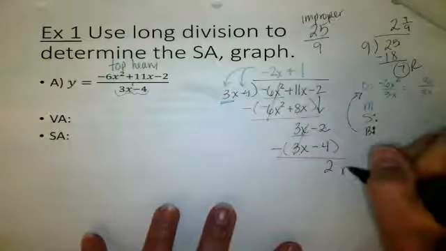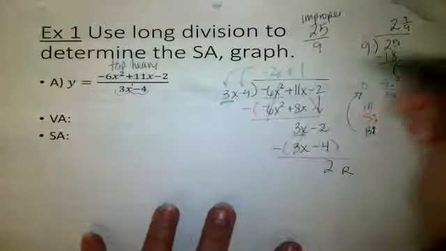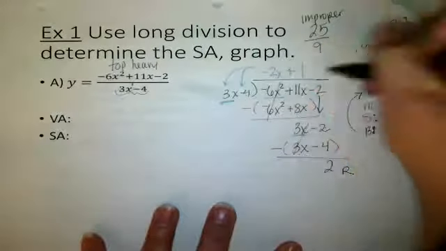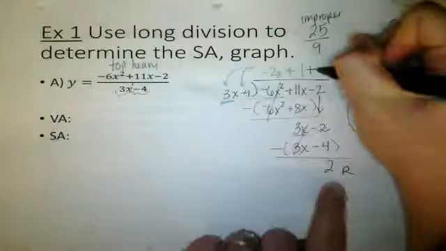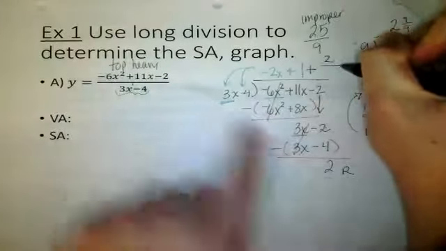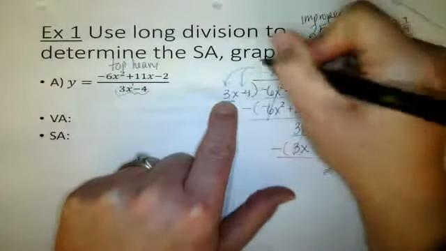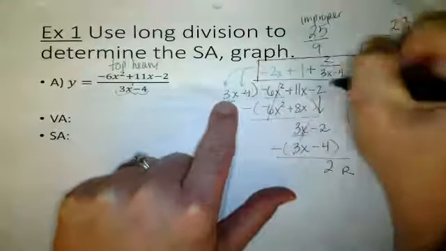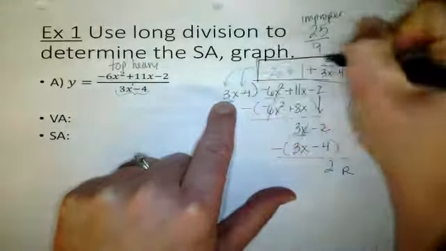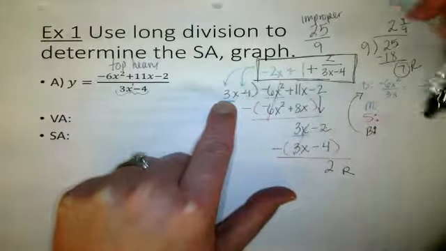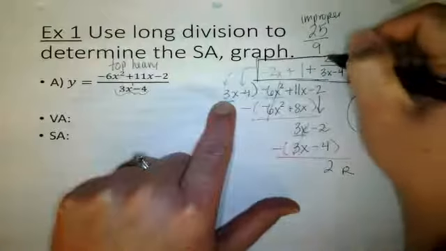And what's 2 going to be called then? The remainder. I'm just going to use R. And so negative 2x plus 1 is the quotient. And we're just going to write plus the remainder over the divisor. So it's a mixed number, essentially, is what it is, what we just did up here. A mixed number.